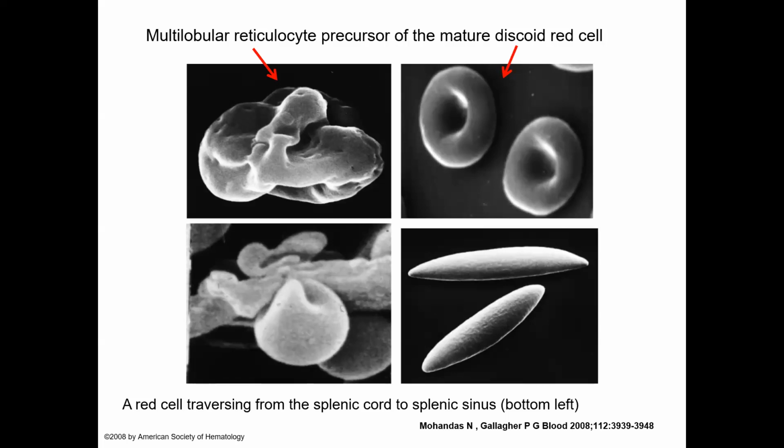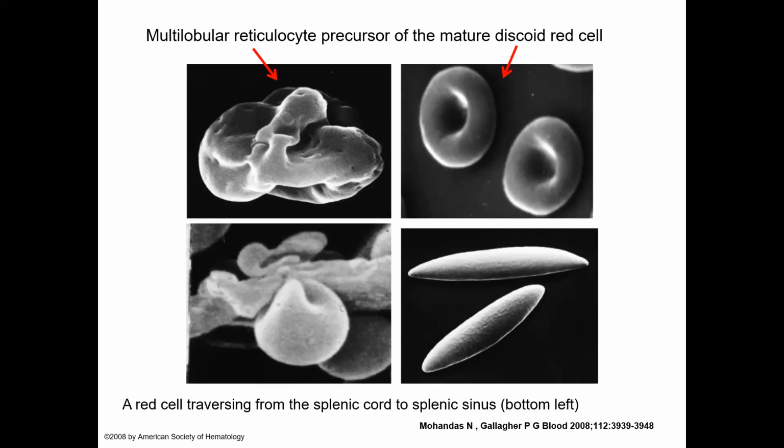They're about a third of the diameter of the red cell. And if the red cell has to go through this, it has to be able to squeeze through. A normal red cell with the biconcave shape will be able to squeeze through. If the red cell has an abnormal shape, it will not be able to squeeze through and will get destroyed. It will not be able to withstand that.